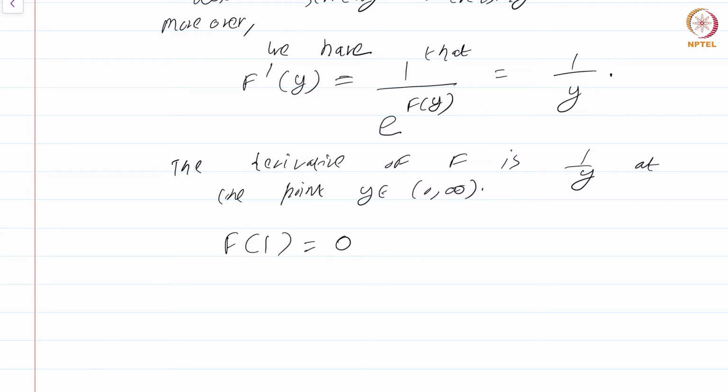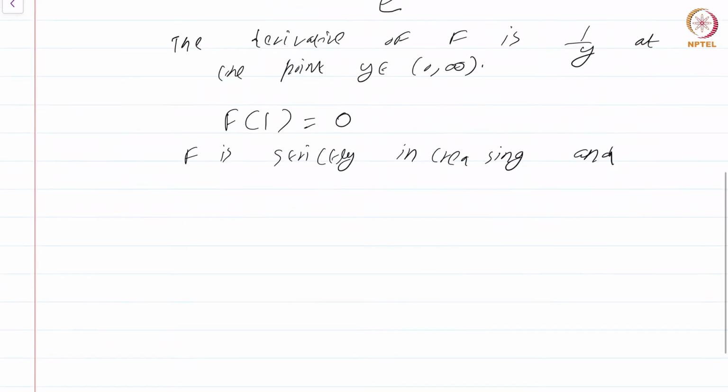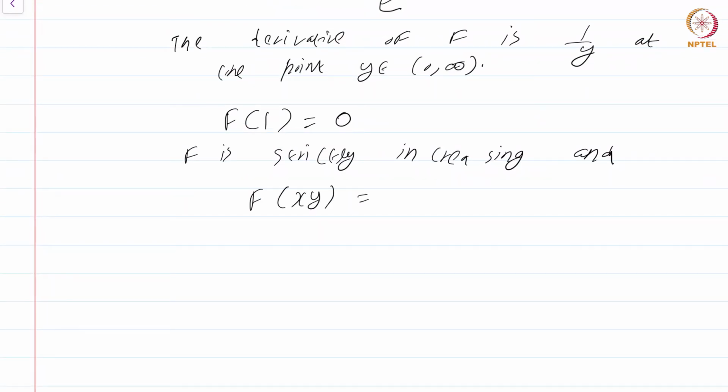Okay. Now we already know that f is strictly increasing, and it also satisfies this nice identity that f of xy is equal to f of x plus f of y. How do you show this?